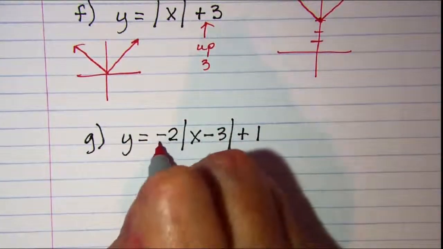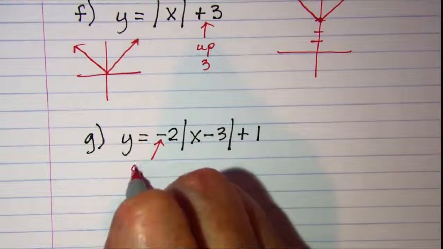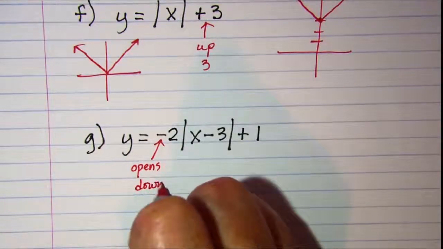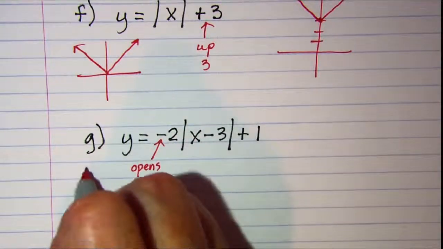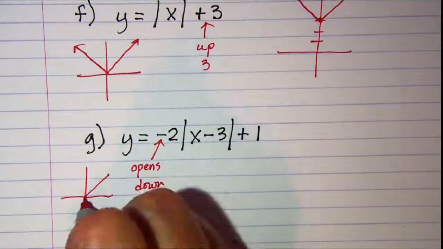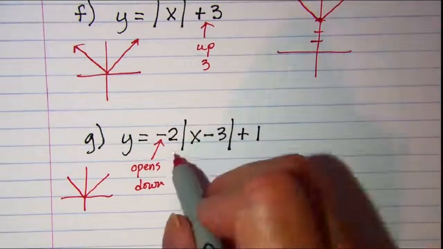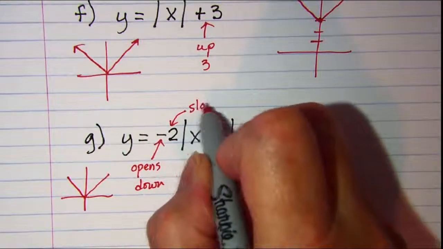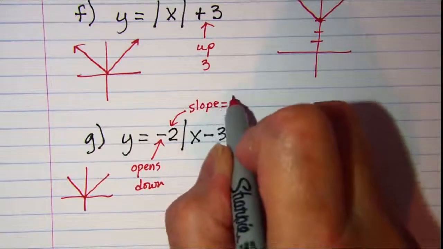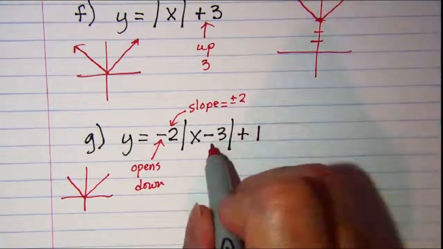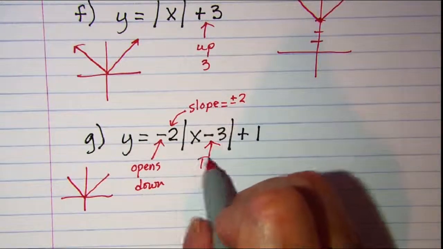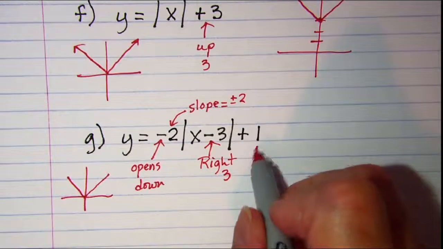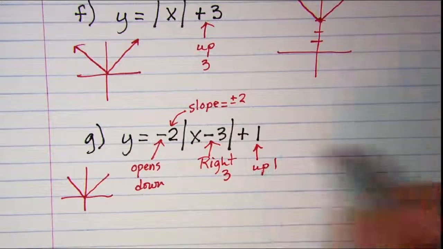This one, the minus, means it opens down, and it is the absolute value graph, so this is our basic graph. The 2 says our slope is ±2. This tells us we're going right 3, and this says up 1.